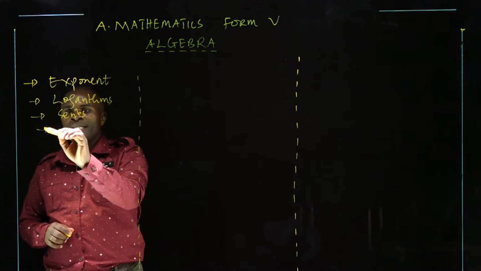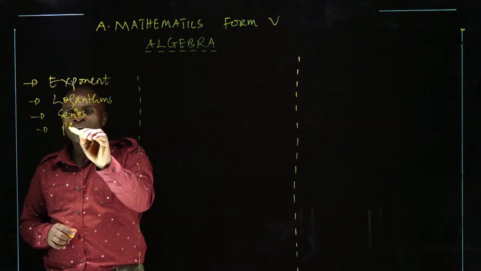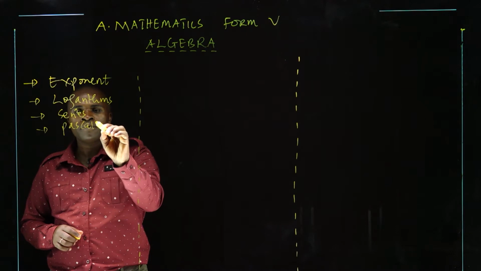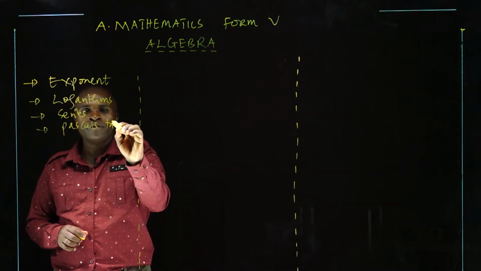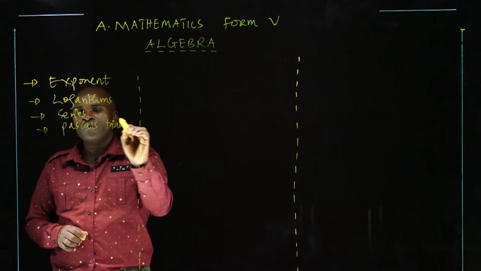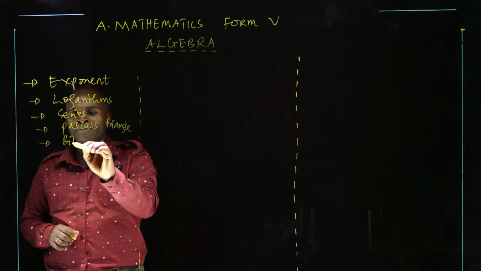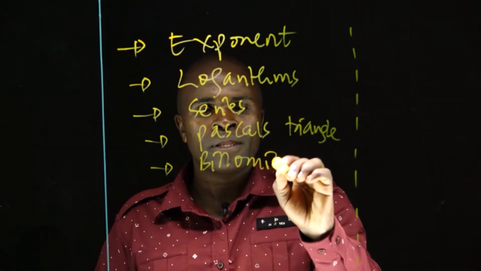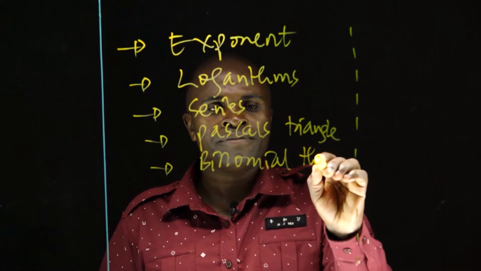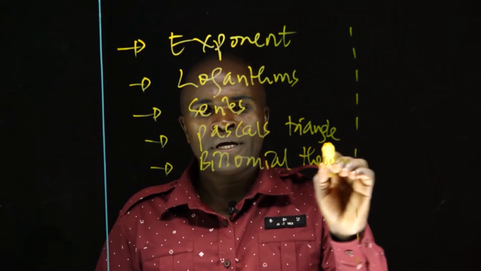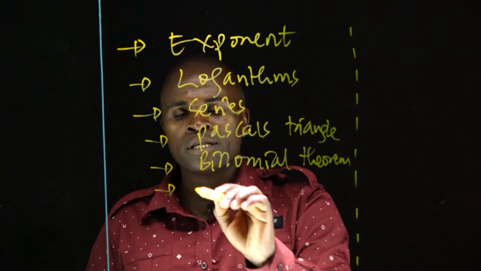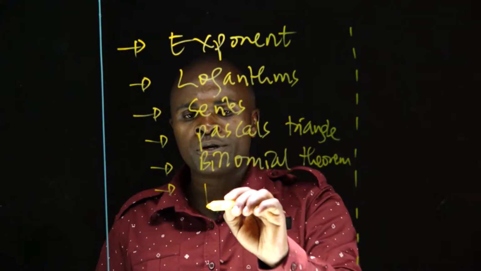We will know the idea of Pascal's triangle. And then we will have to catch up the knowledge of the binomial theorem. And then from there, we will check the technique and the idea of polynomial functions.